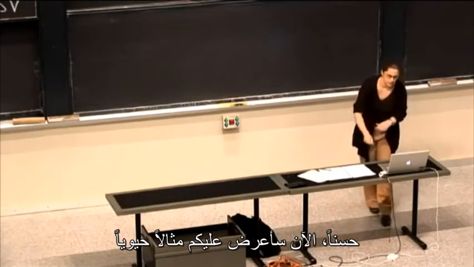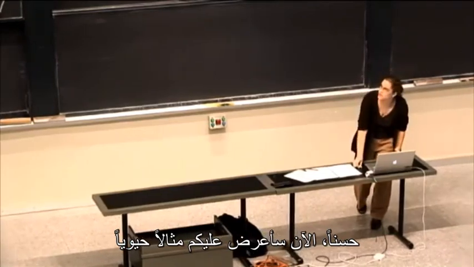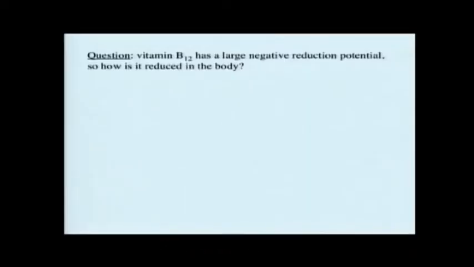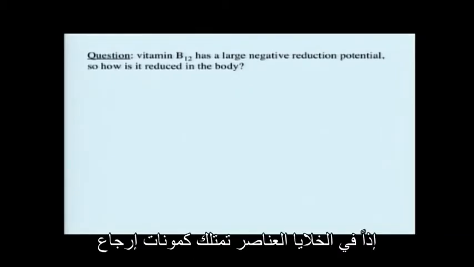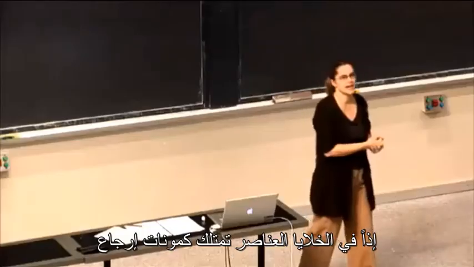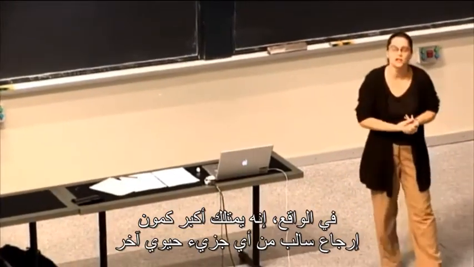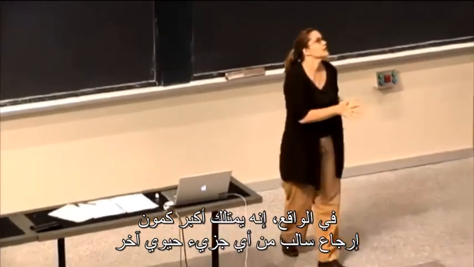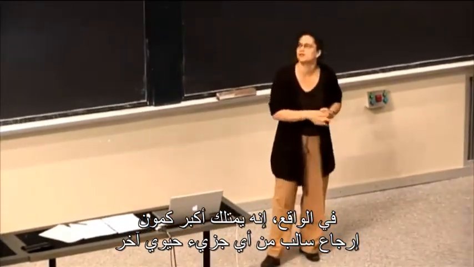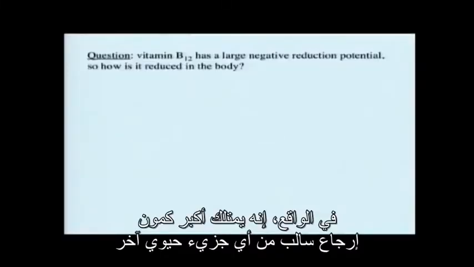So now I want to consider a biological example for a minute, and I'm going to ask a question that we'll then answer at the end of class. So in cells, things have reduction potentials. Vitamin B12 has a reduction potential. In fact, it has one of the largest negative reduction potentials of any biologically occurring molecule.